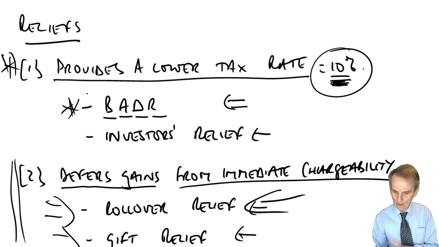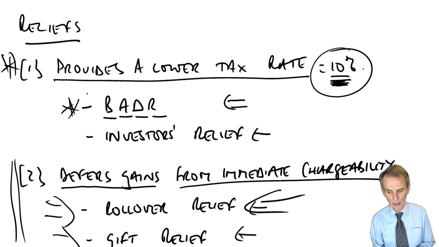It is not selling an asset used within the trade. Or we're dealing with an individual who disposes of qualifying shares in a qualifying company. And again, we'll see the detail of that in just a short while.